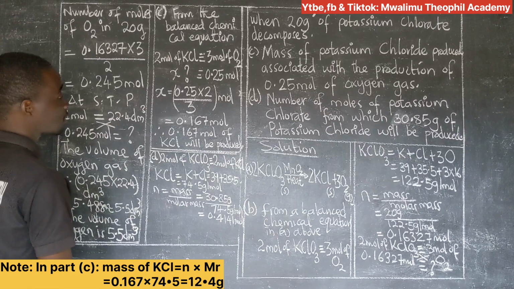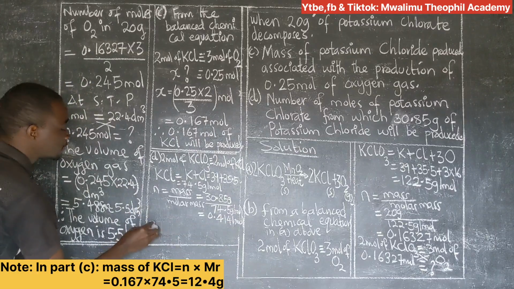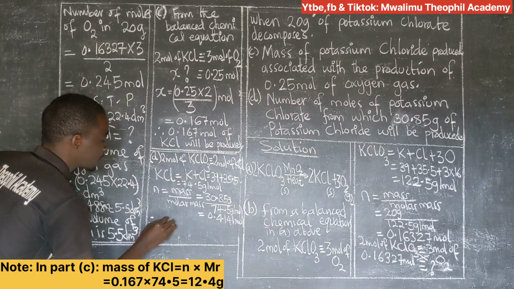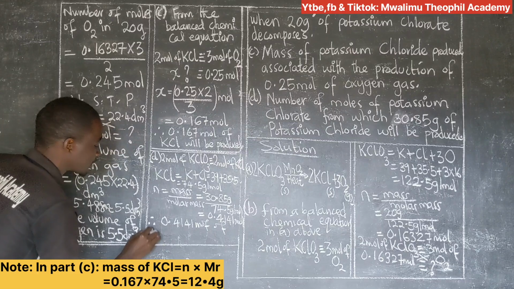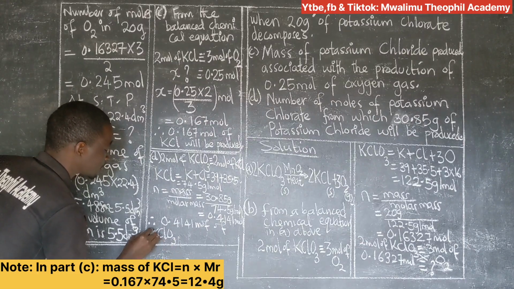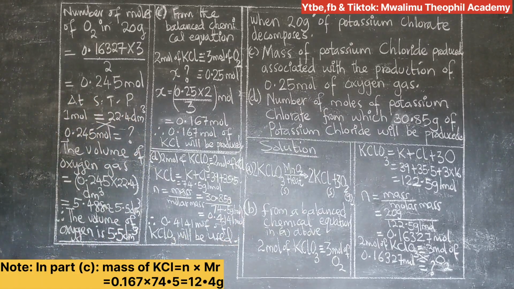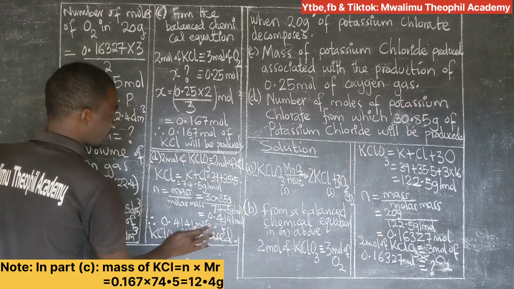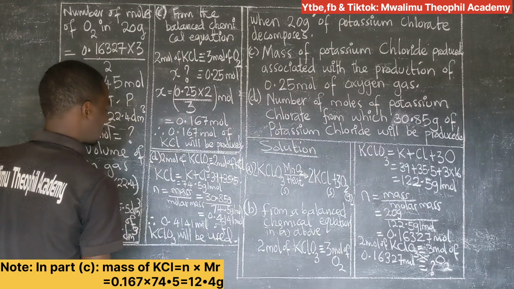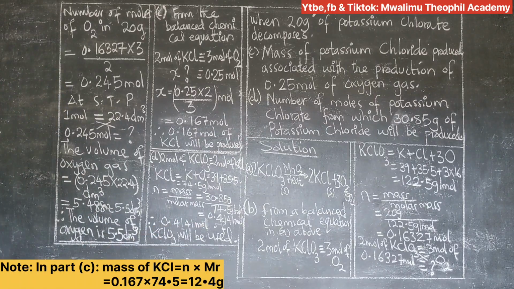So the number of moles of potassium chlorate required will be 0.4141. 0.4141 mole of potassium chlorate will be used.